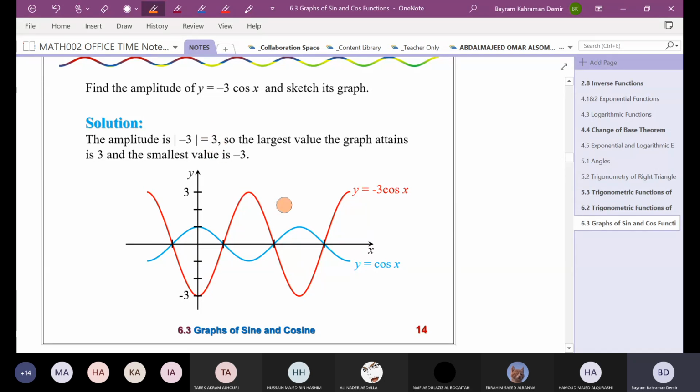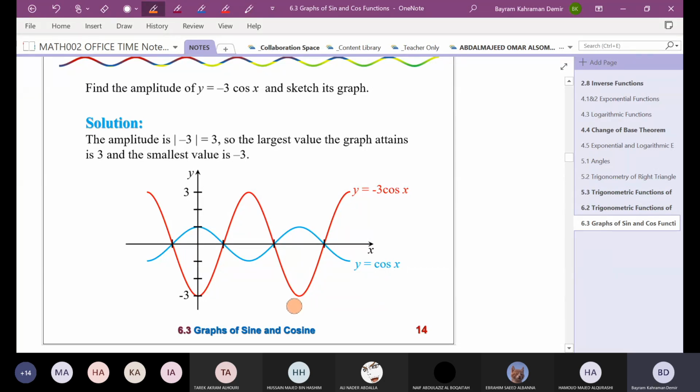When you multiply the cosine x with negative 3, it will reflect, and also stretch up and down. So instead of starting at 3 here, you start from negative 3, go up, and then go down. This gives you one full period.